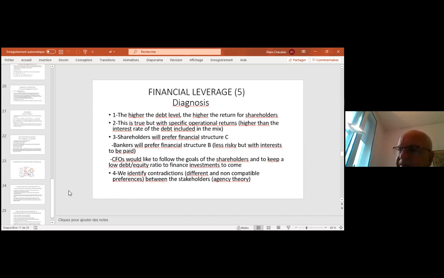Then it is clear that the positions, goals and constraints of different stakeholders are different, and they generally don't fit. These different groups of persons are so different in terms of goals and constraints that it's very difficult to find a kind of compromise to balance the different arguments.